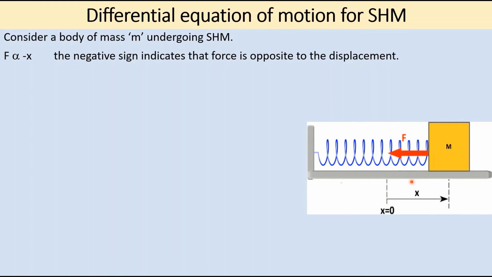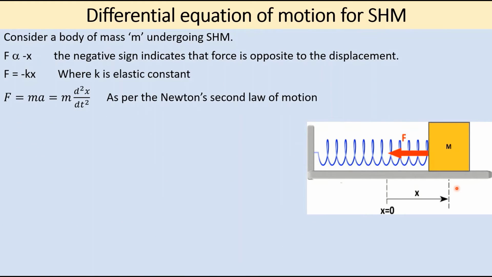The negative sign indicates that the force is opposite to the displacement. Here the force is acting towards the mean position and the displacement is away from the mean position. So F is proportional to minus x, or F is equal to minus kx, where k is the elastic constant. It is also called the spring constant or the force constant, and it is nothing but the force per unit extension.